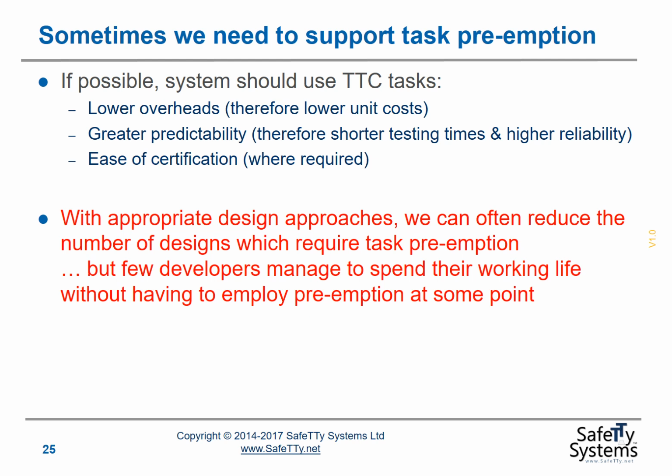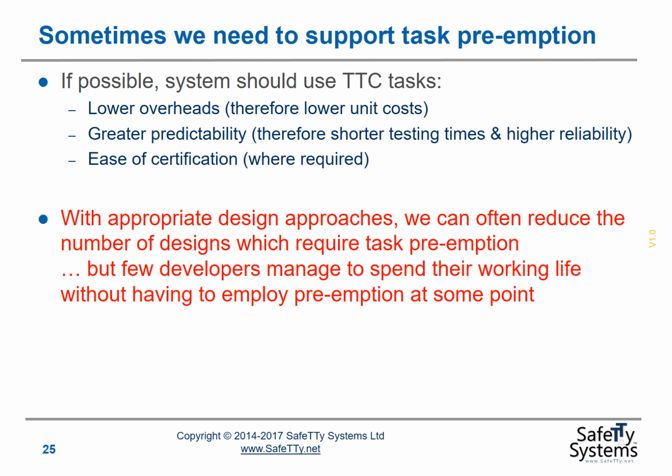Use of the kind of techniques we discussed on the previous slide can allow us to reduce the number of times in which we need to support task preemption in a TT design, but it's not always possible to avoid task preemption. In general, I recommend that your system should use TTC tasks, cooperative tasks, wherever possible, because this gives lower overheads and therefore lower unit costs, greater predictability and therefore shorter testing times and higher reliability in many cases, and ease of certification where this is required.